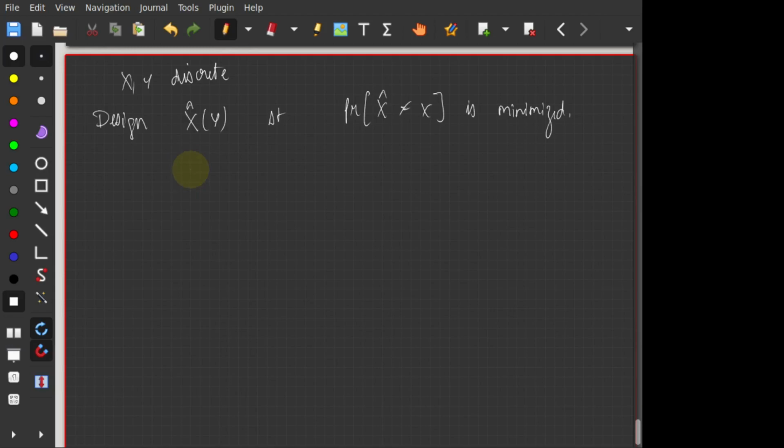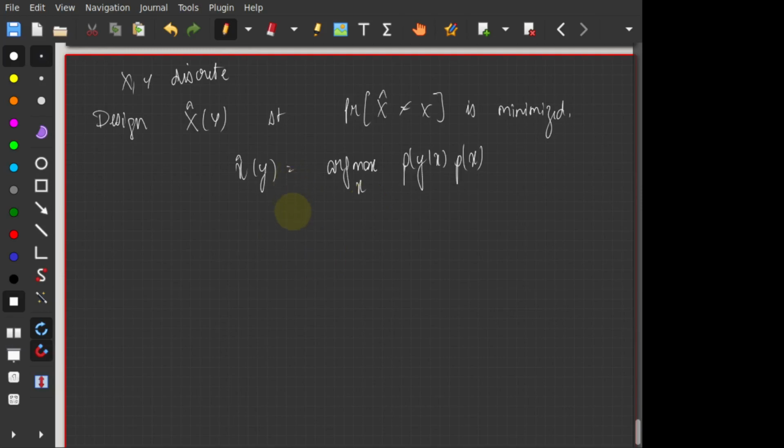Maybe before that, I'll give you what the solution is. Do you know what the solution to this is? Okay, so the claim is x hat of y is equal to argmax over x of P(y|x) times P(x).